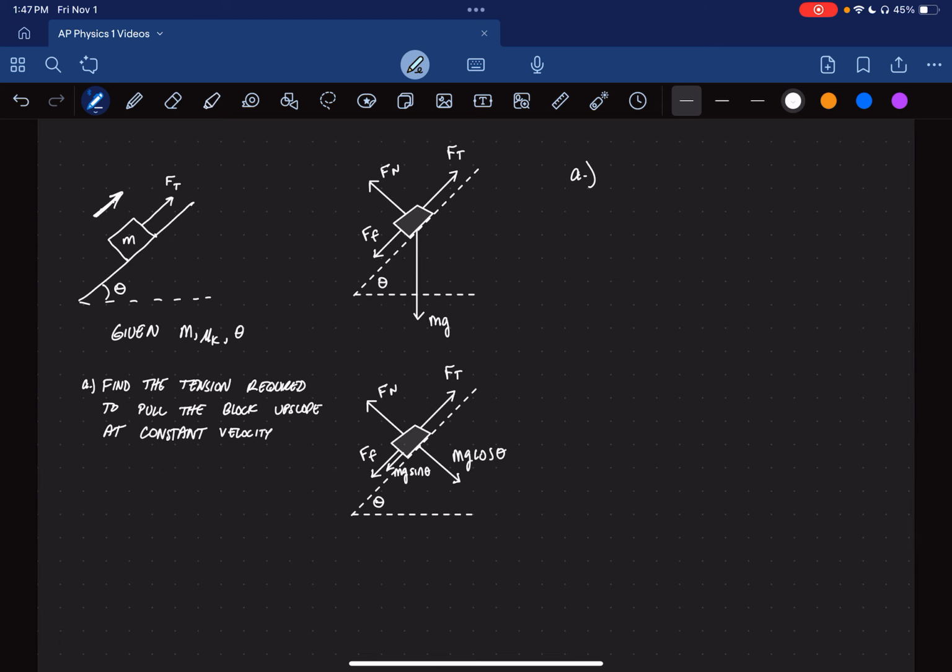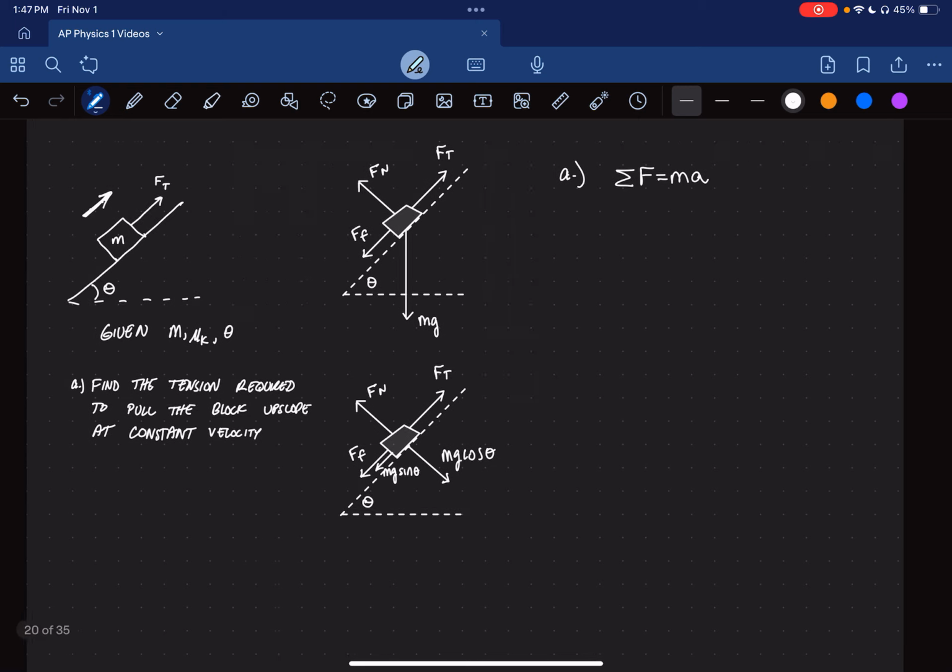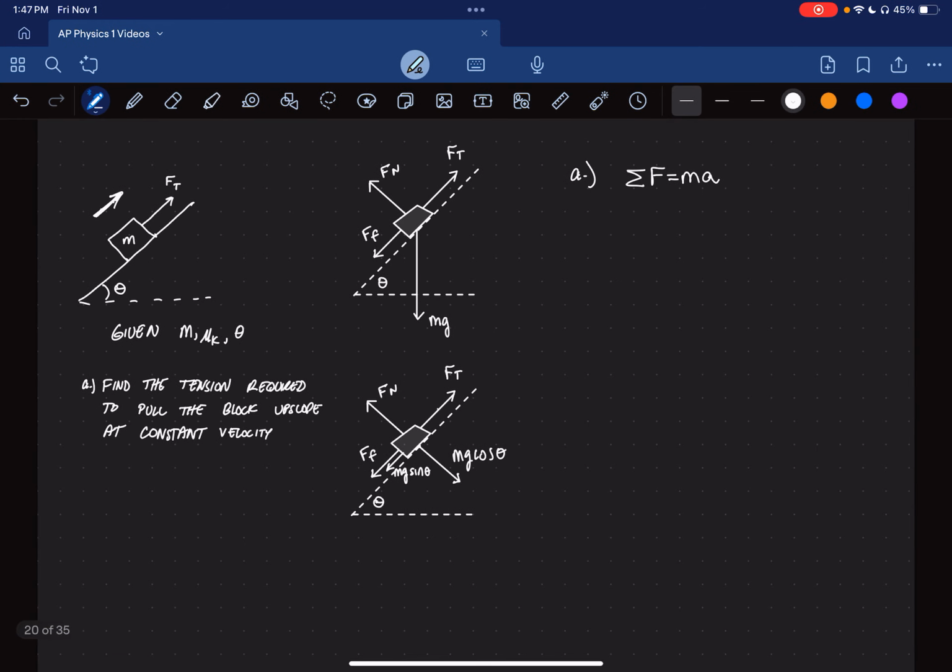Now let's do part A. We want to find the tension, so we're going to use Newton's second law. We want to use this dimension. So Ft, and by the way, if we're pulling the block upslope at constant velocity, there is no acceleration. So equals 0.